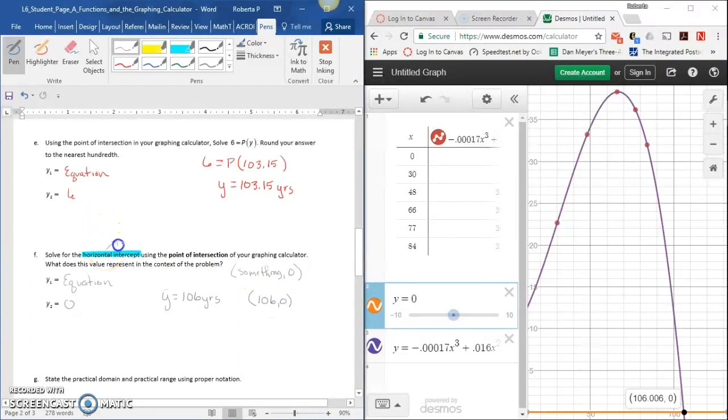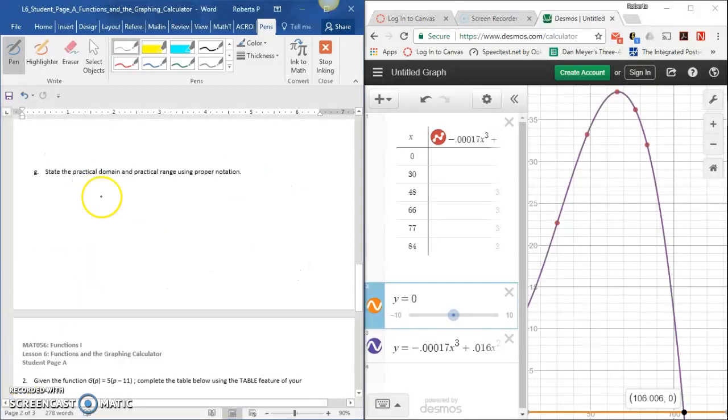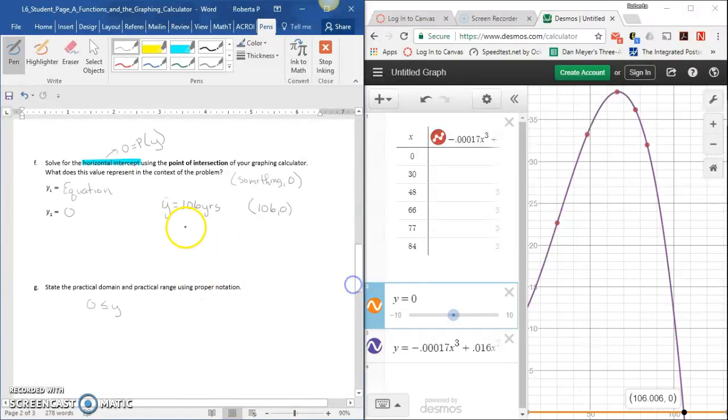Recall also that we would be solving the equation 0 equals P of y. So the practical domain of this function is our years, so 0 less than or equal to y, and our most amount would be 106 years, even though that might not be as practical because there probably will never be a percent of 0 women living alone.